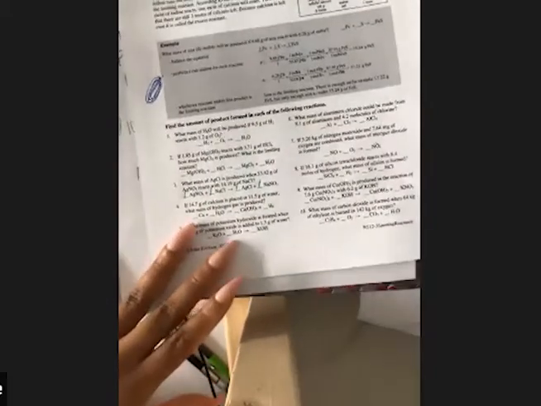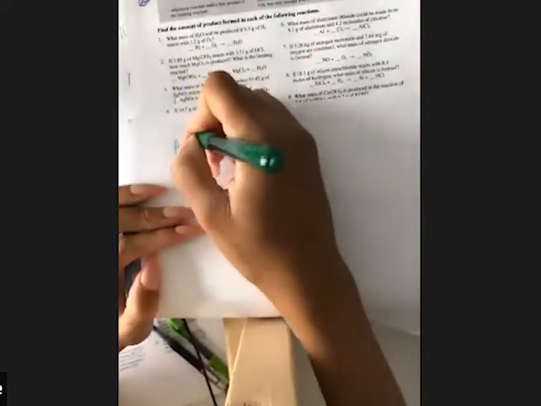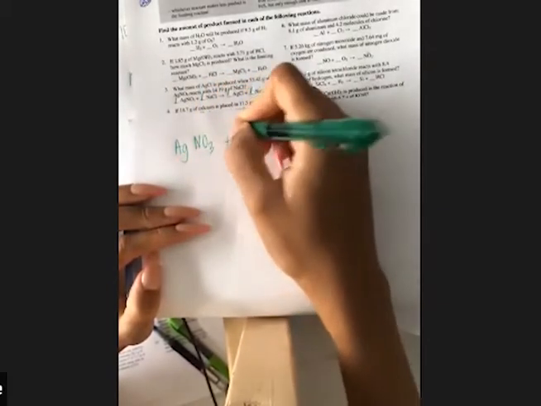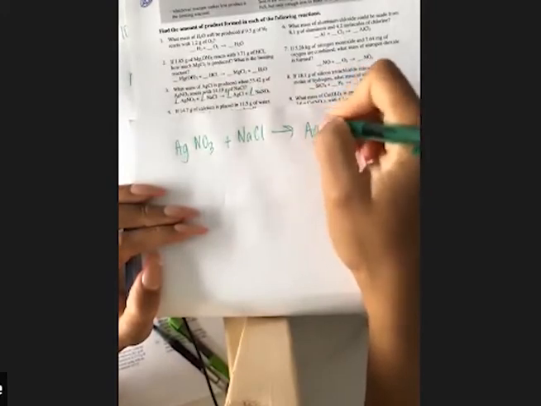Now, when we go to answer the question, let me rewrite this up here a little bigger. This is silver nitrate plus sodium chloride reacts to form silver chloride plus sodium nitrate. It's already balanced.